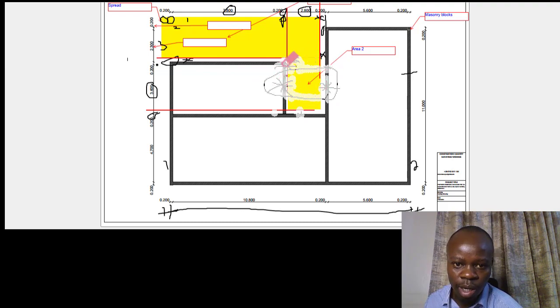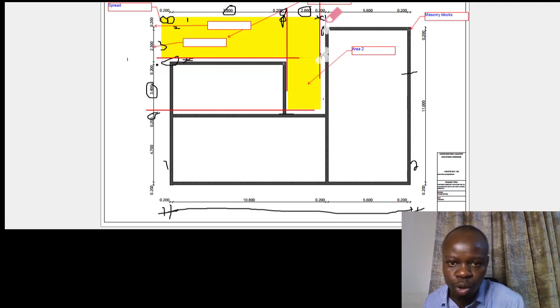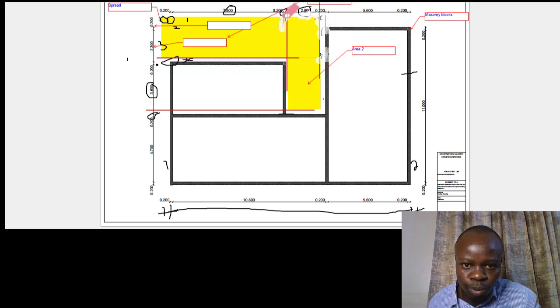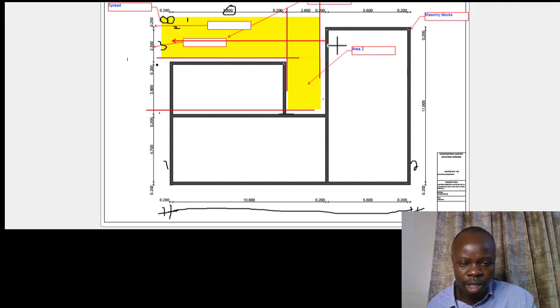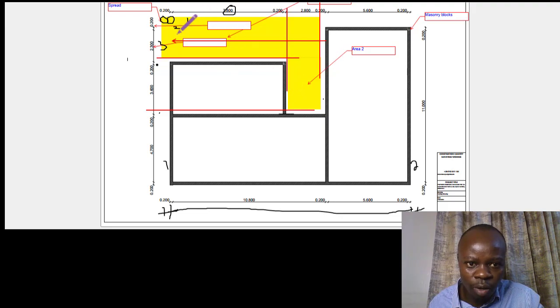So in case you're wondering how that is coming about, I just want you to have a look at what I'm going to illustrate here, and then you will see why we can always use that alternative to find the length. I want to use an arrow to show, for instance, that one arrow that I've shown.